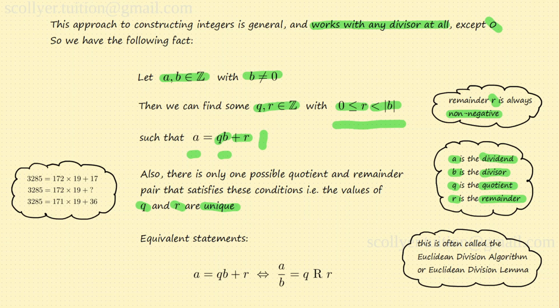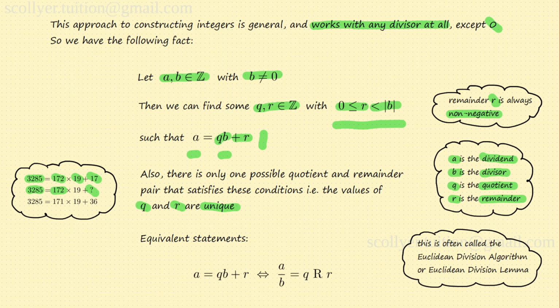And to illustrate that, let's look at the construction of 3285 from divisor 19. So if we want r to be less than b, we find that we have to choose r is 17 and q is 172. If we choose q to be 172, we will find that we can use no other value than 17 to create 3285.